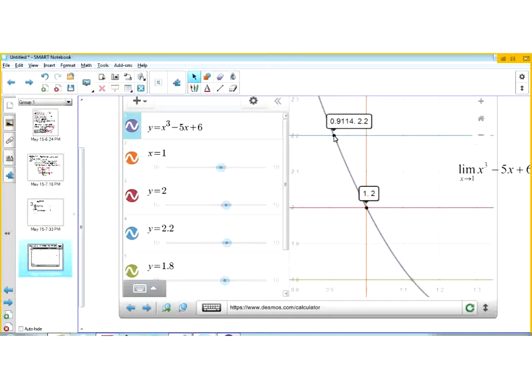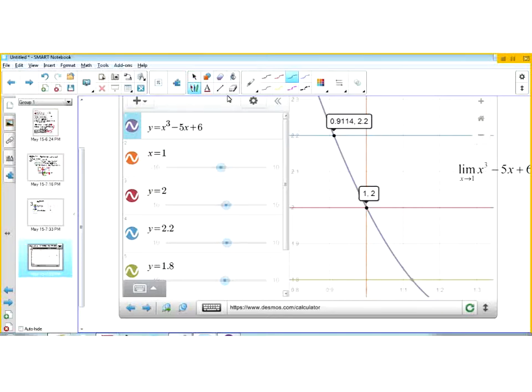Instead of, okay, I want this point right here. Okay. So note that the coordinate of this point is 0.9114. So our delta 1 would be, this would be our choice for delta 1. Well, let's see here. Actually, our choice for delta 1 would be, this is our x value.